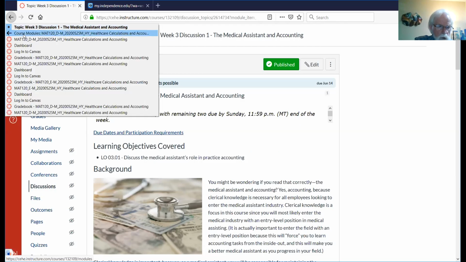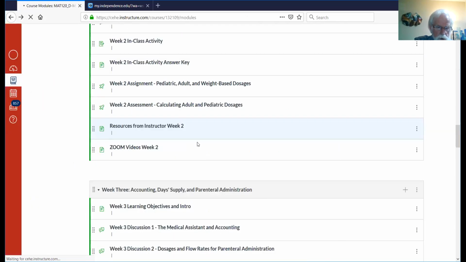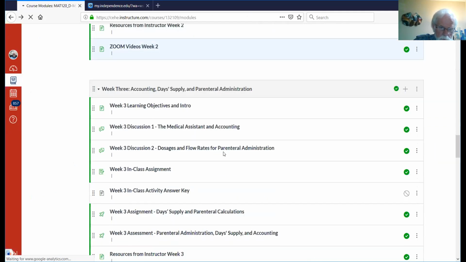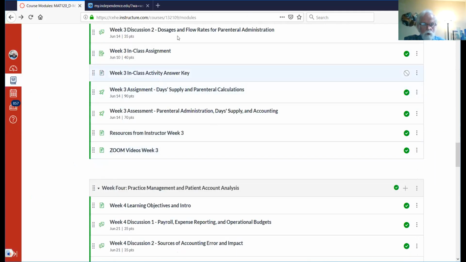So let's take a quick look at the second discussion of this week, which is where I want to go next, which is dosages and flow rates for parenteral administration. Parenteral is usually translated as injections, and we're going to leave it at that. Technically, it's anything that bypasses the stomach.